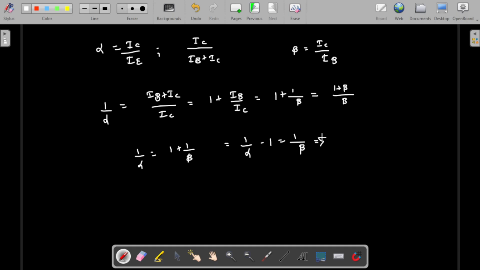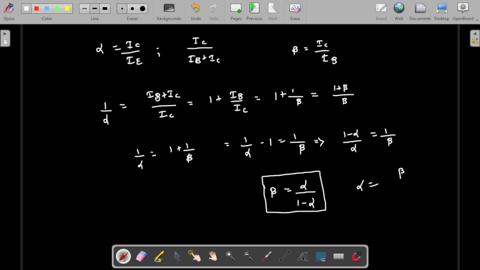So beta is equal to alpha divided by 1 minus alpha. The relationship between alpha and beta is this one, so you have to remember it. Alpha is equal to beta divided by 1 plus beta. You can remember anyone, but I usually prefer this one, alpha equals beta divided by 1 plus beta, because we can easily remember it.